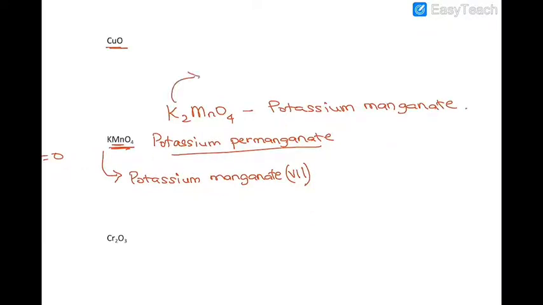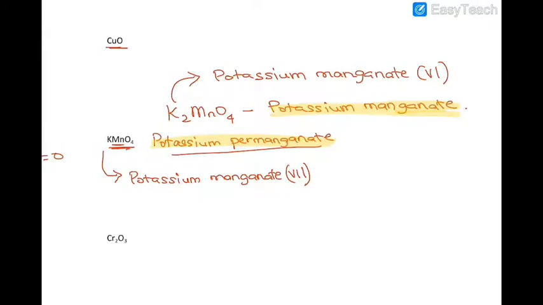But with the new nomenclature, this is now called potassium manganate(VI). So you have to be careful with the nomenclature. Writing potassium manganate alone without any Roman numeral is not the right way to write it. Or even potassium permanganate. We don't use that old nomenclature anymore.